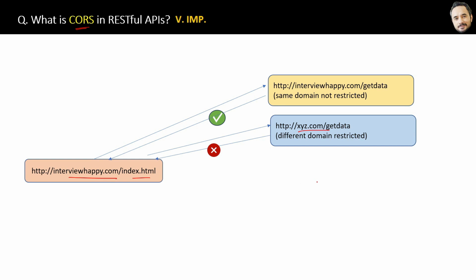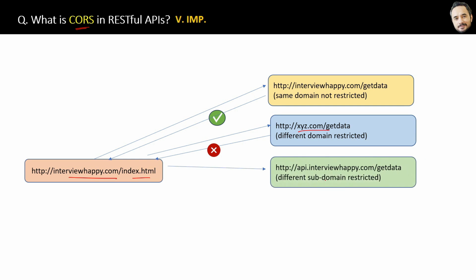Okay. All right. So similar to this one case, we have three more cases where CORS will not allow the sharing of the data. For example, in this second case, you want to get the response from a subdomain. Subdomain like api dot before interviewhappy.com. Okay, that is a subdomain. In this case also, by default, CORS will not allow resource sharing.